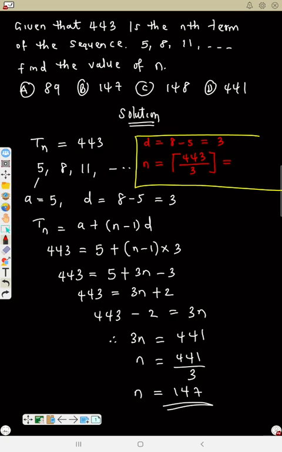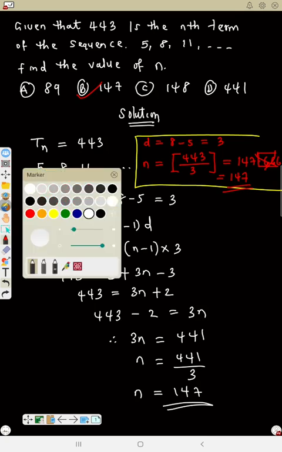That is 147, normally we get 147.66. Now this greatest integer function means you should ignore decimal points. So the answer will be 147. So B is correct. So I hope you get that method.